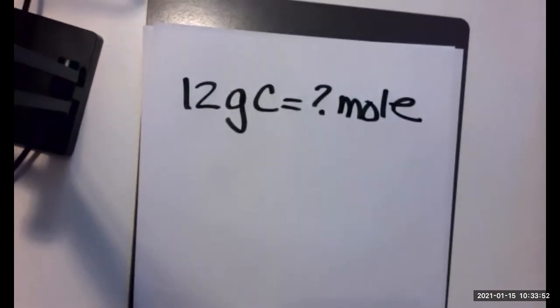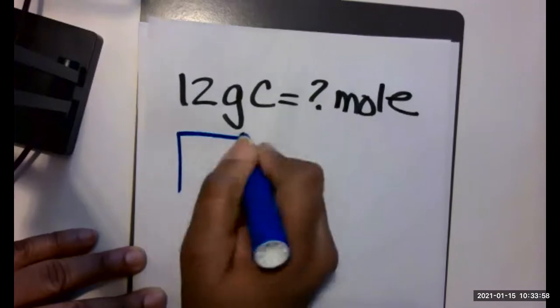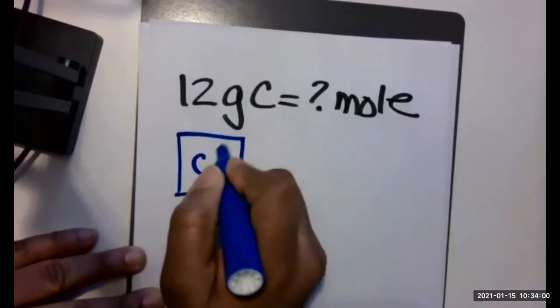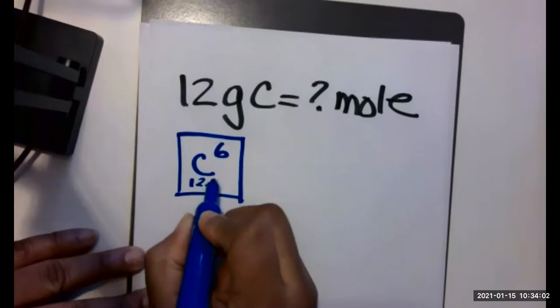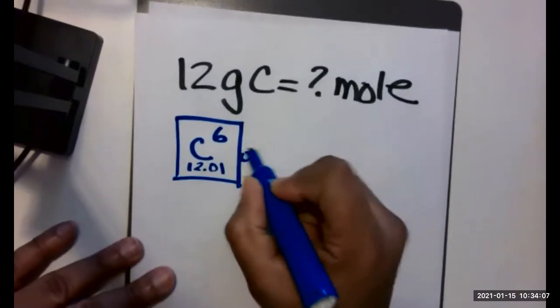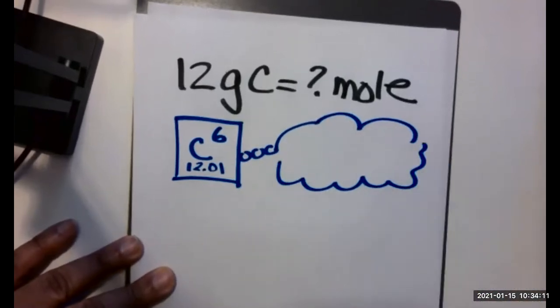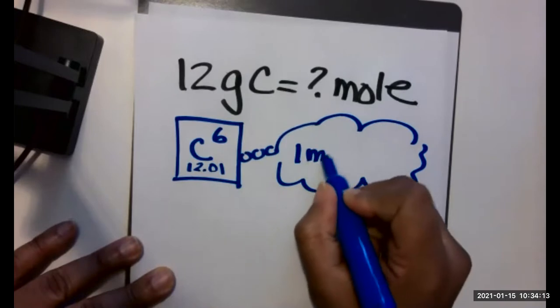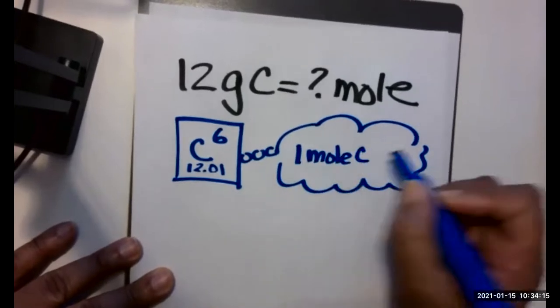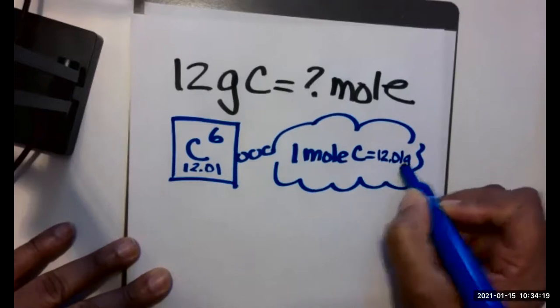Well, before we answer that question, we need to look at the periodic table. When we look at carbon, atomic number is 6, 12.01 is our units. What does that mean? That means that 1 mole of carbon equals 12.01 grams.